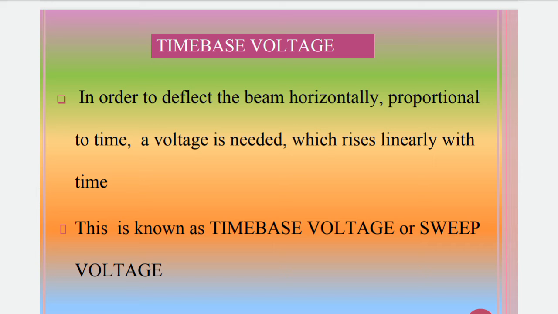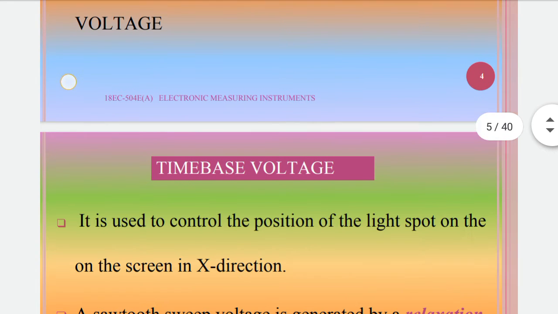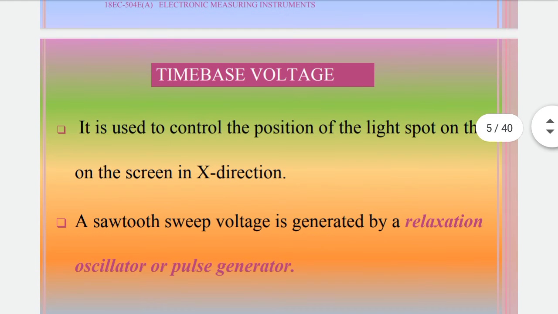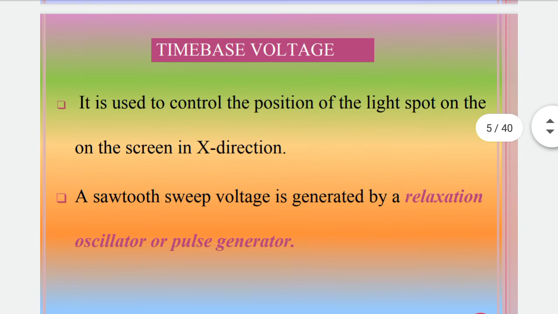That voltage is called time-base voltage or sweep voltage. This voltage is used to control the position of the light spot on the screen in X direction. This is the use of time-base voltage.